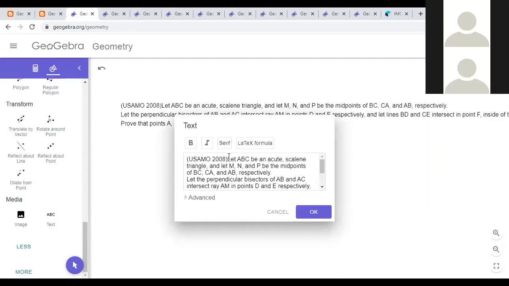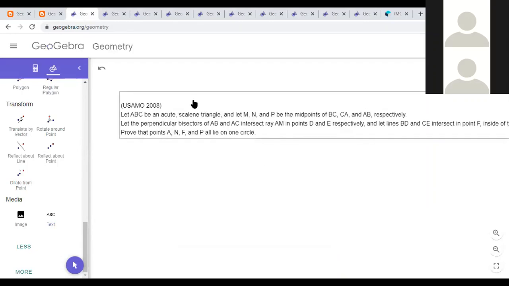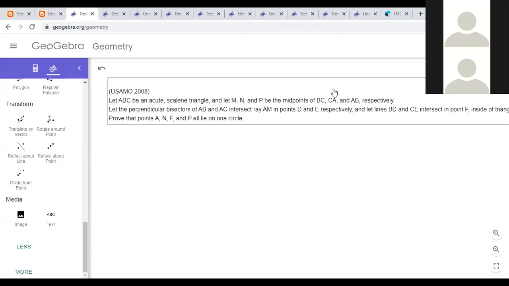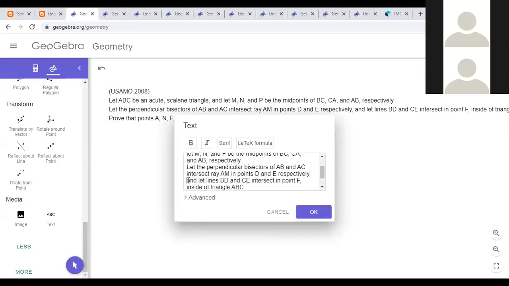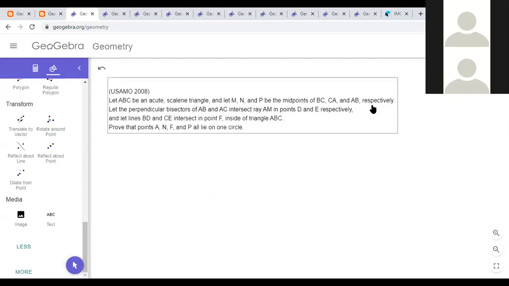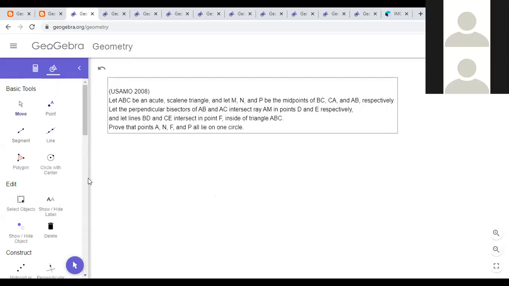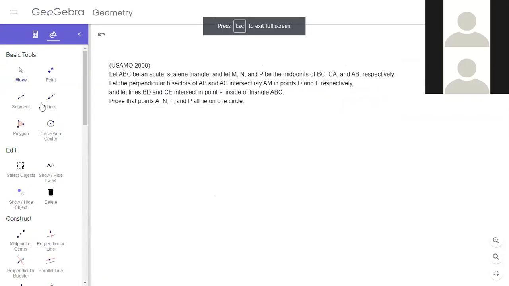All right. So ABC is an acute scalene triangle, and we have an acute scalene triangle ABC.